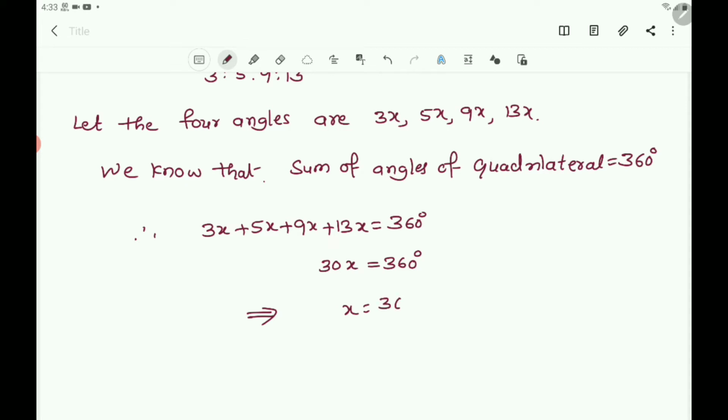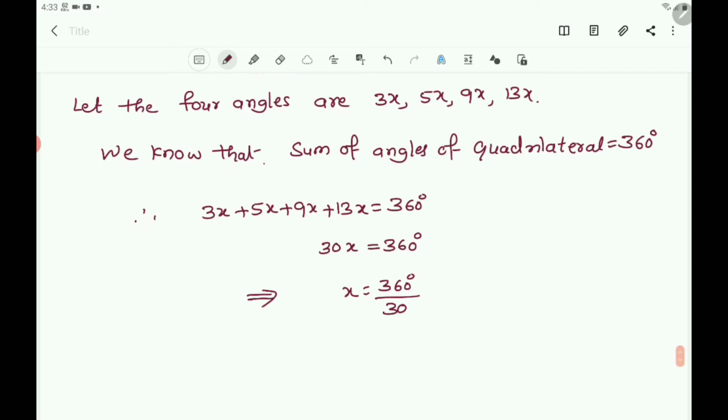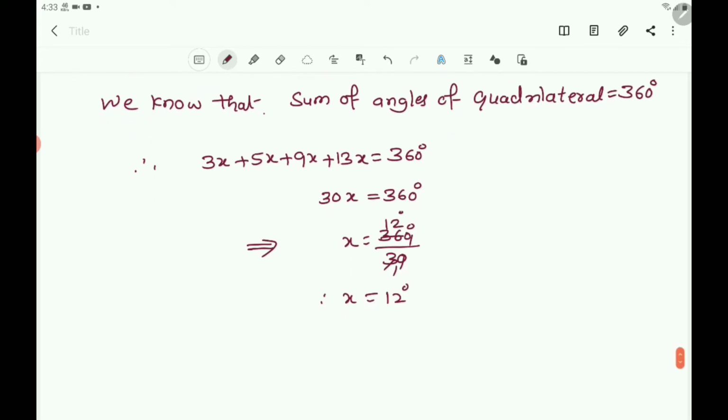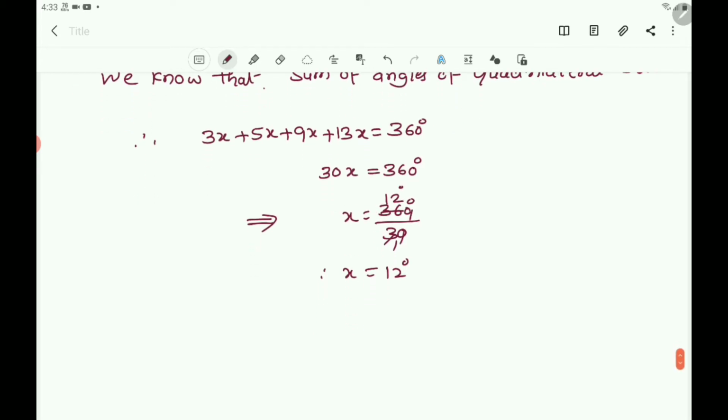Cancelling the zeros, 12 threes are 36, so x equals 12 degrees.